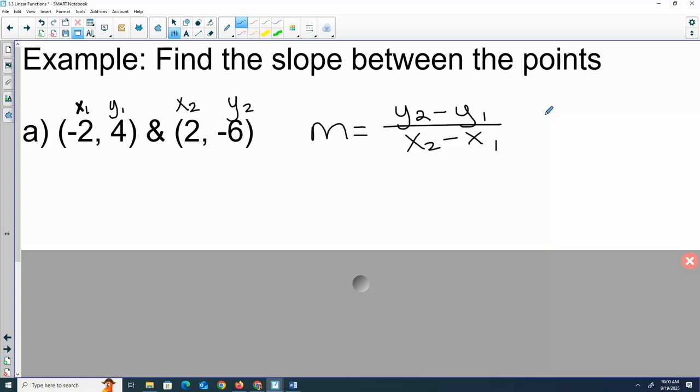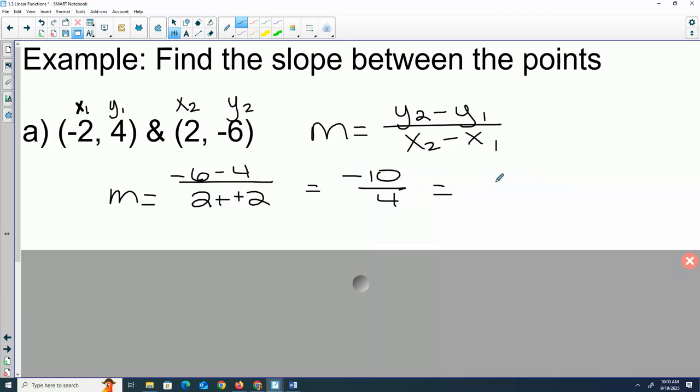You've done it a lot in the past 2 years. So -6 minus 4 over 2 minus -2. So we get -10 over 4, or -5/2.